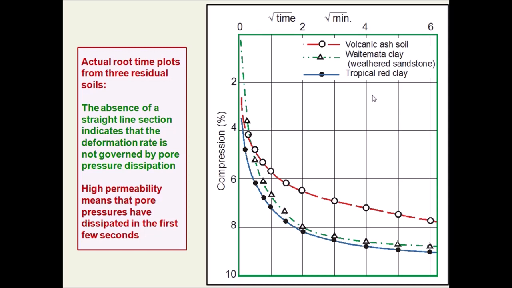So the ratio of the drainage path length was 12 centimeters to 1 centimeter, so the square of that is 144. So you would expect it to slow down the rate of consolidation by a factor of 100, and that we would, in that case, be able to get some tidy straight lines when the data was plotted against the square root of time. That didn't turn out to be the case.